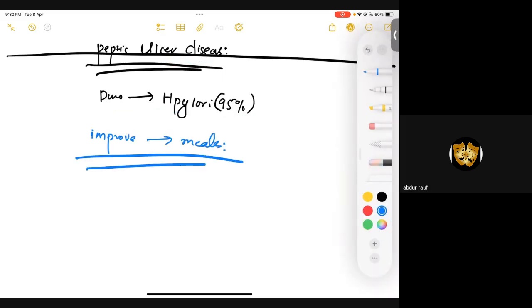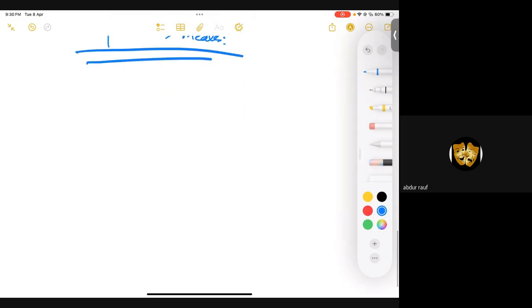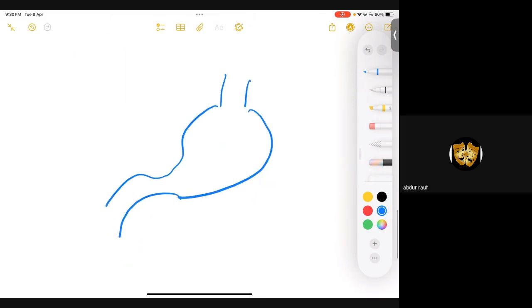Okay, what's the reason for that? The reason is quite simple. For example, if this is our stomach, we have our duodenum, right? So as we take in the meal, we already know that the chyme is acidic, and once the acidic chyme enters your duodenum, the duodenum already prepares itself to decrease the acidic content of your chyme. How? Secretin is going to be released. Secretin is going to tell your pancreas to dump off some bicarbonates in order to neutralize that acid.